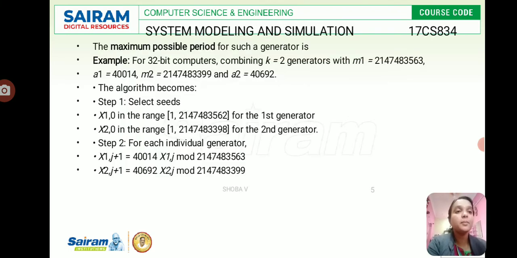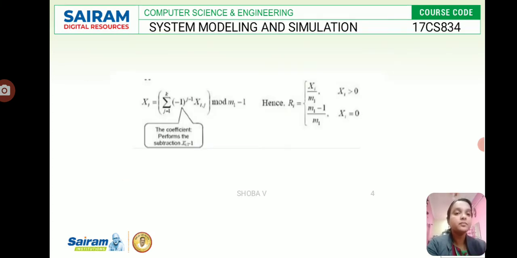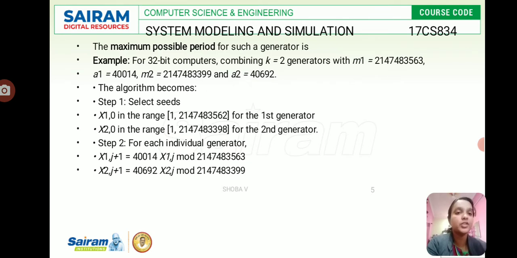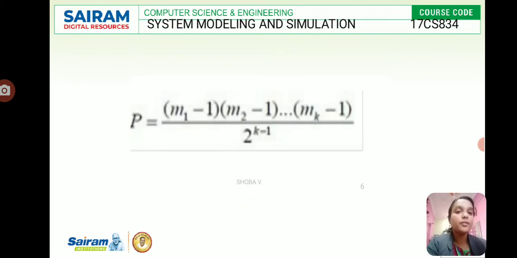For the maximum possible period of such a generator, there is an example: a 32-bit computer with k equal to 2 generators and parameters m1, m2, a1 and a2. Based on these we can apply the formula and find the first generator, the second generator, and each individual generator.